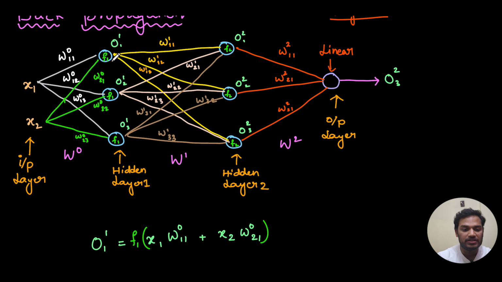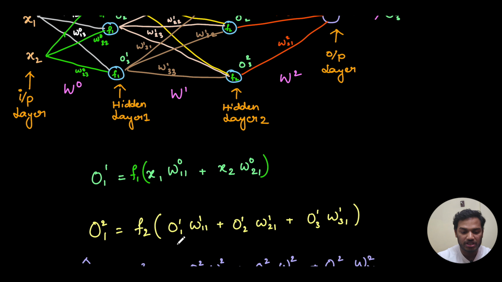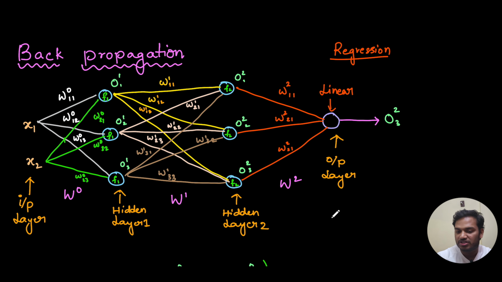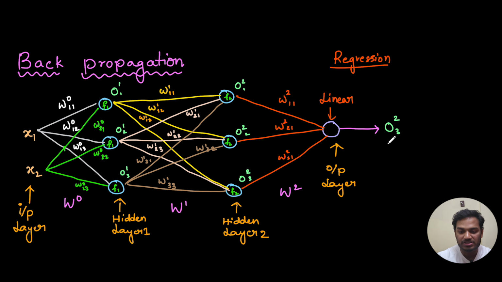That's why these O11, O21, O31 will be the inputs, and these inputs will get multiplied with some weights. That is what we are observing over here. O11 is multiplied with O111, and similarly O12 is multiplied with O121, and O13 is multiplied with O131. Okay, and in a similar fashion we'll get the output for this as well.